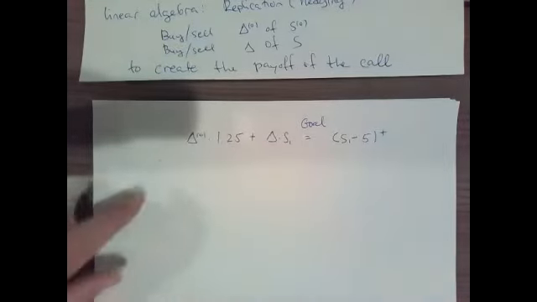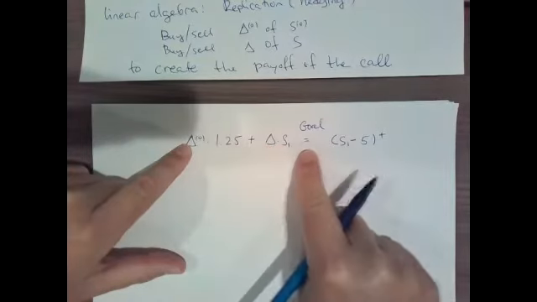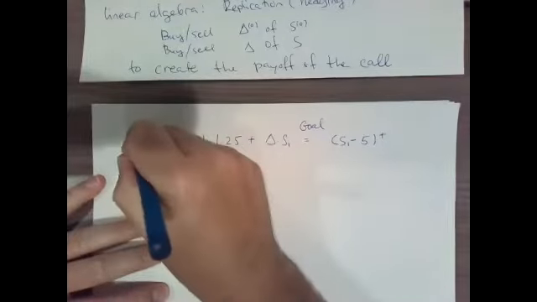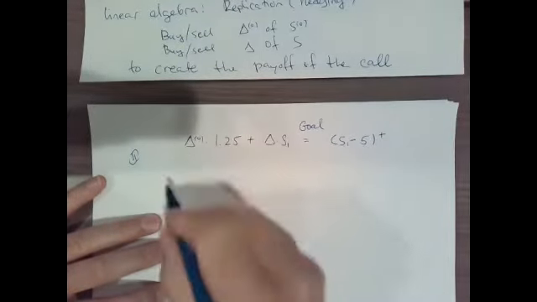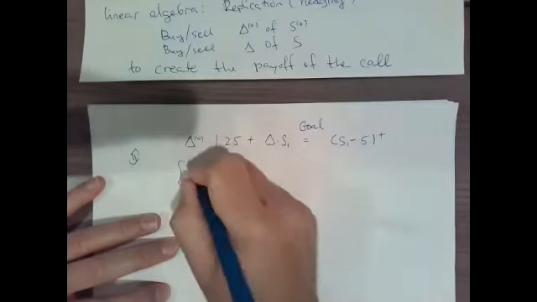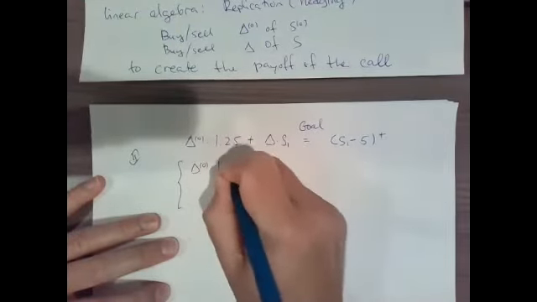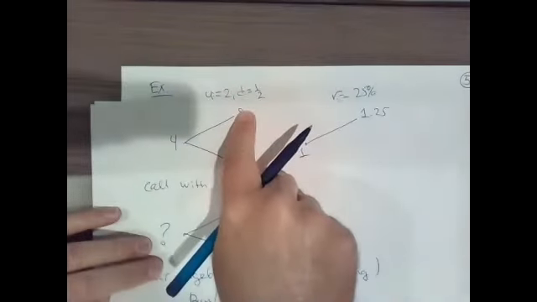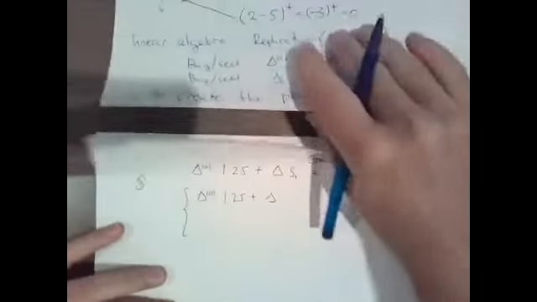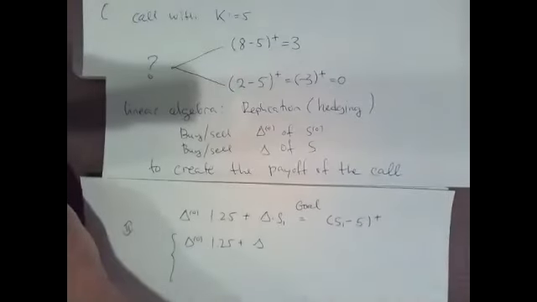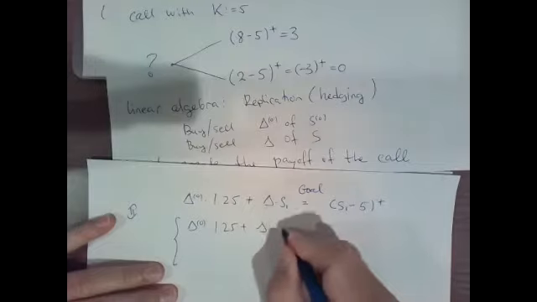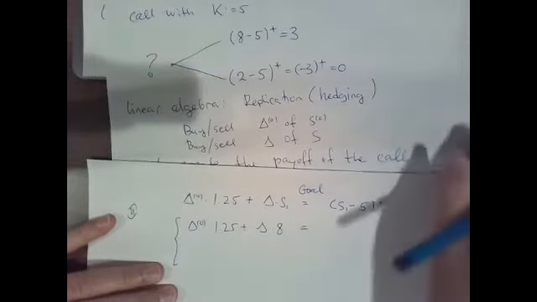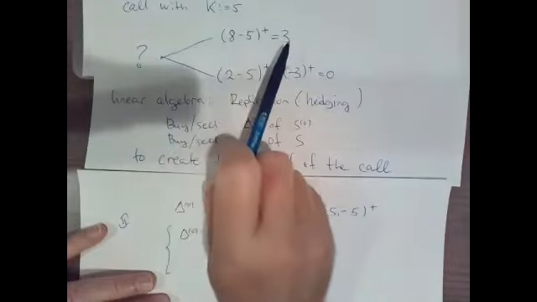My goal is to find these two such that that's true. Because there are two values of S1, this is going to be the same as delta 0 times 1.25 plus delta times, and then what was the up value of the stock? The up value was 8. So S1 in the up state is 8. Then what was the payoff of the call in the up state? That was 3.